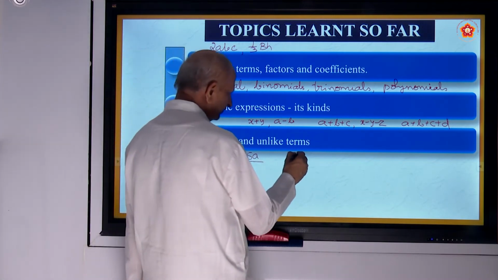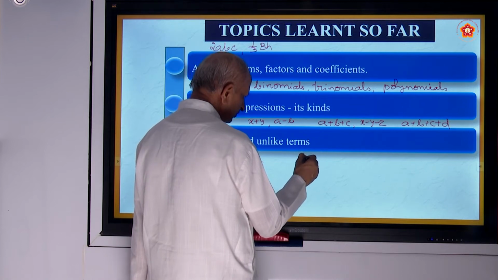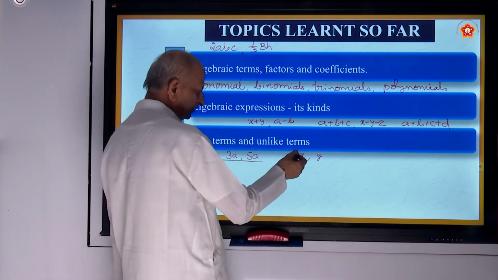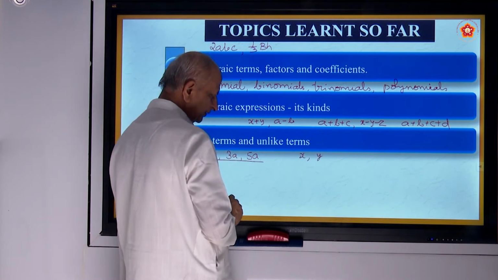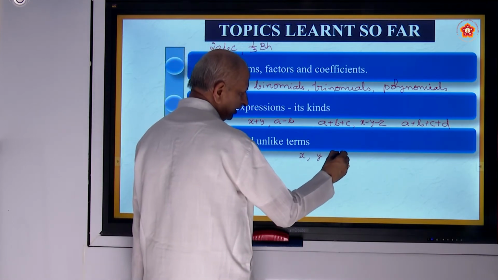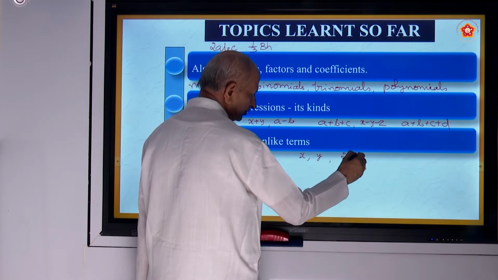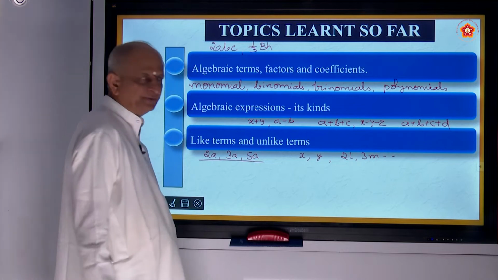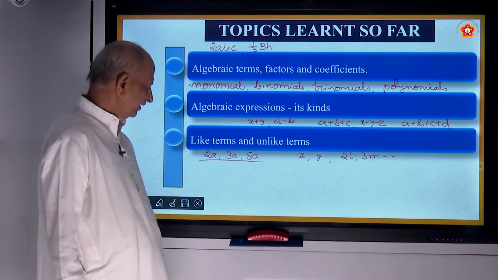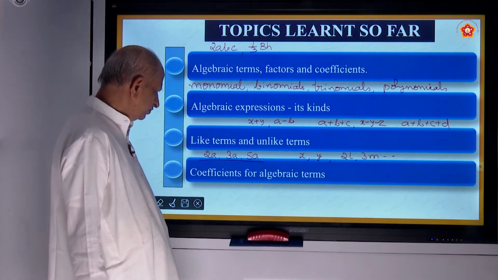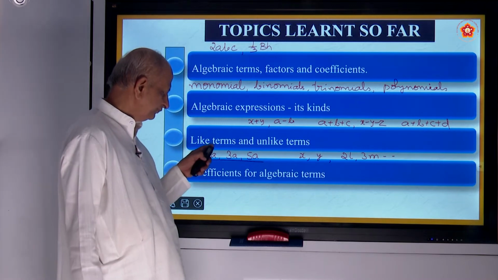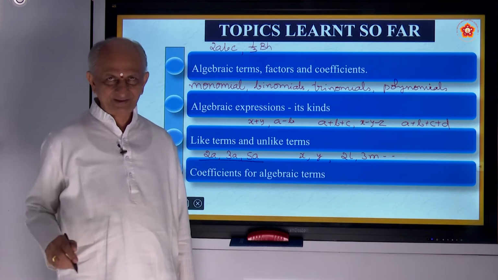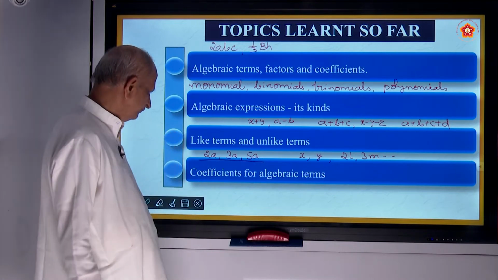Unlike terms means suppose you have x, y. They are called unlike because x is different, y is different, correct? Or you can say 2l, 3m, etc. They are called unlike terms. Okay, this also we have seen. So what are you going to do with that? Like terms can be added or subtracted.